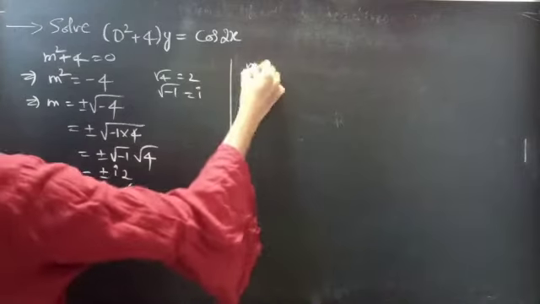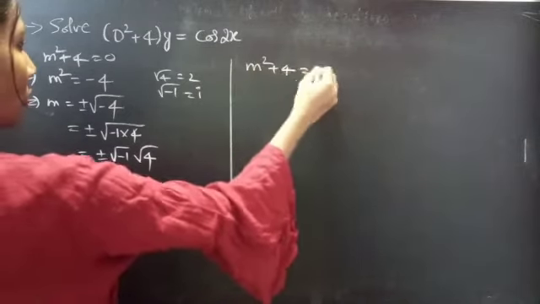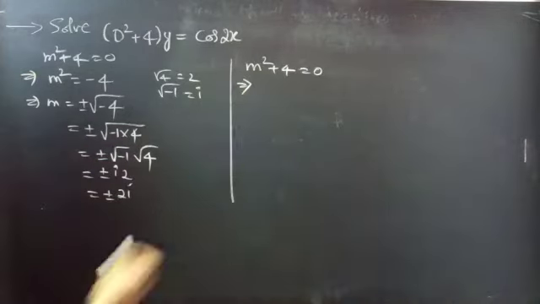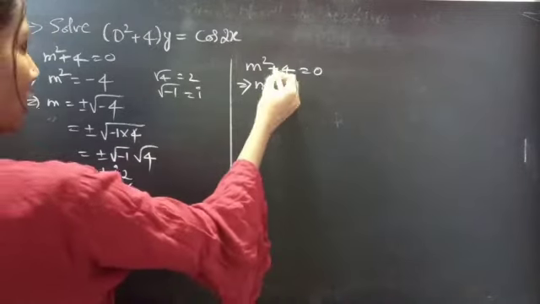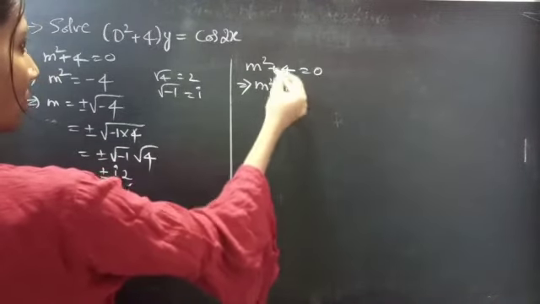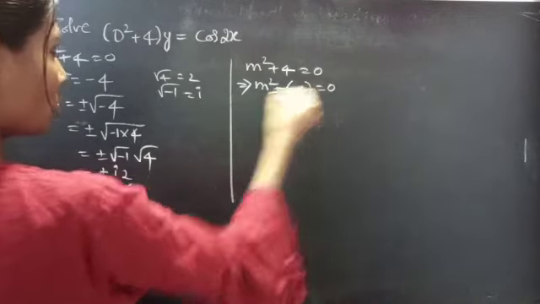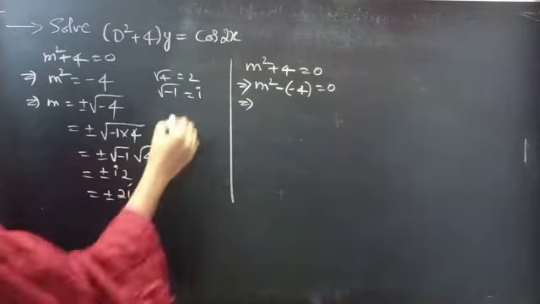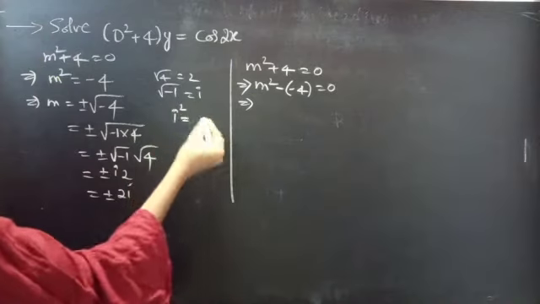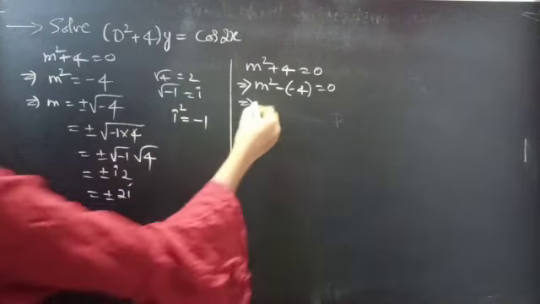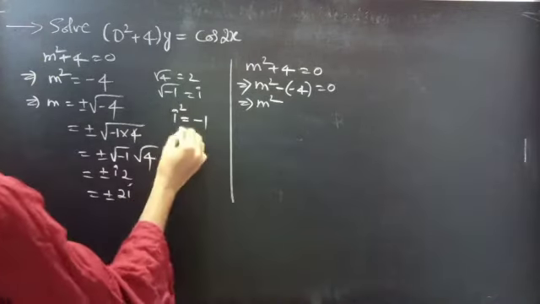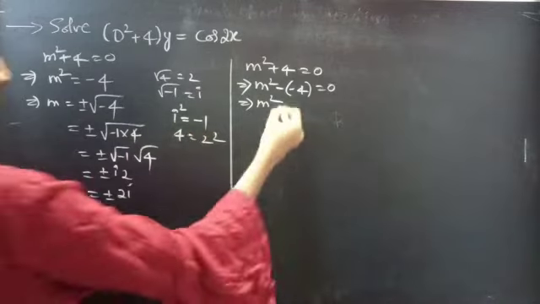Or, write m square plus 4 as m square minus of minus 4 equals 0. Then we know that i square equals minus 1, right? And also 4 can be written as 2 square.